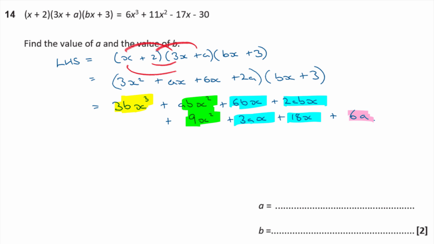Now what I want to do is compare that to the expression we had up here. So that is all equal to 6x cubed plus 11x squared, minus 17x, and then minus 30 on the end.